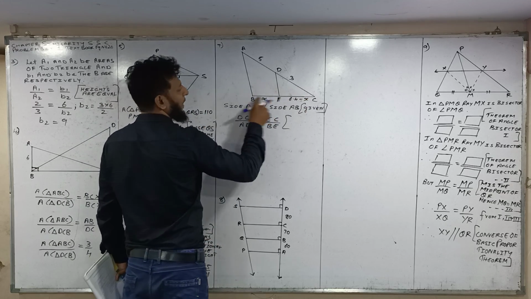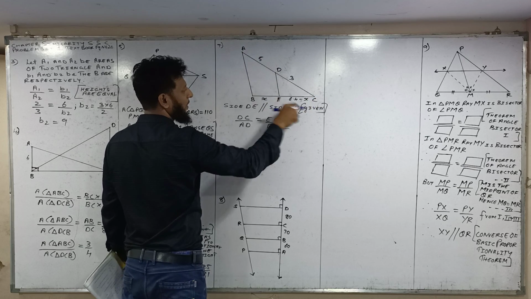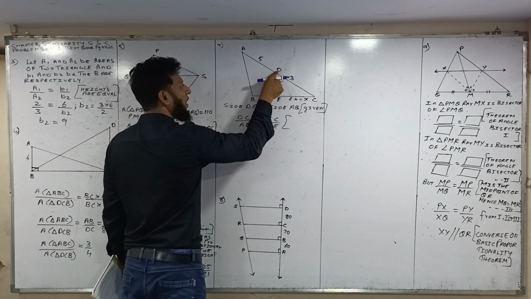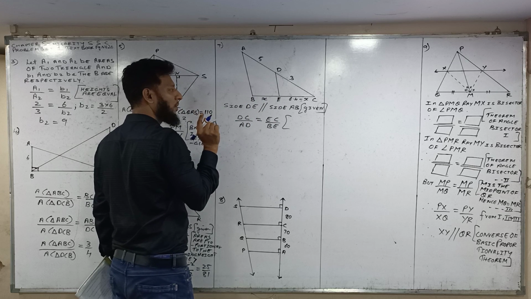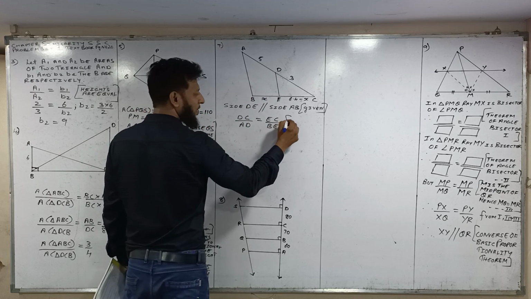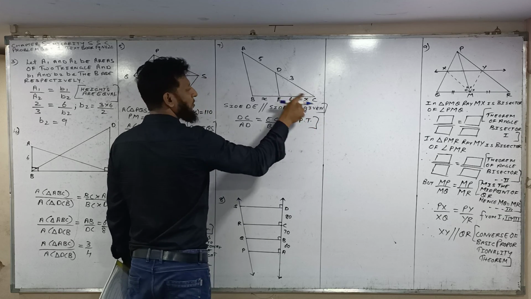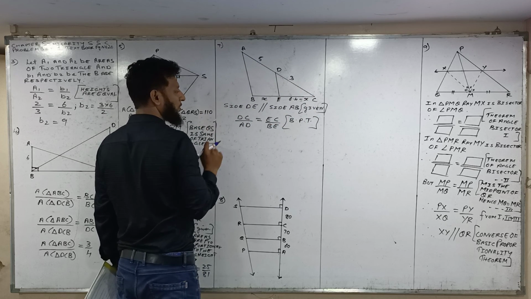So in triangle CAB, DE is parallel to AB, so CD upon DA is equal to CE upon EB. By which theorem? The basic proportionality theorem. When lines are parallel, these sides are proportional.